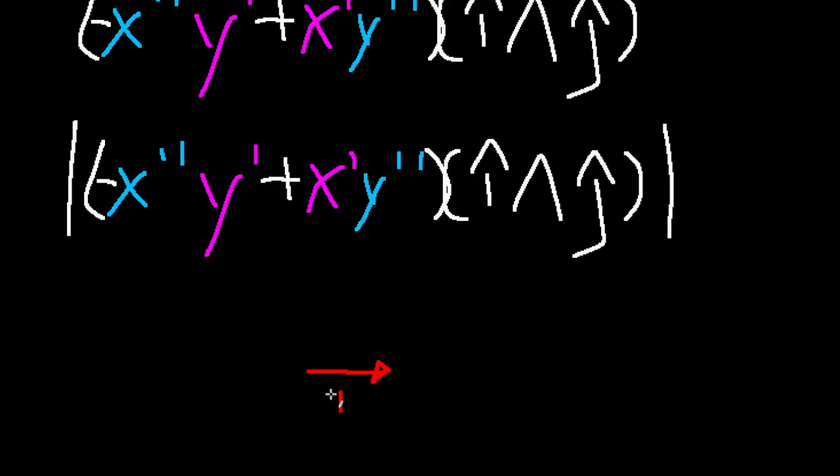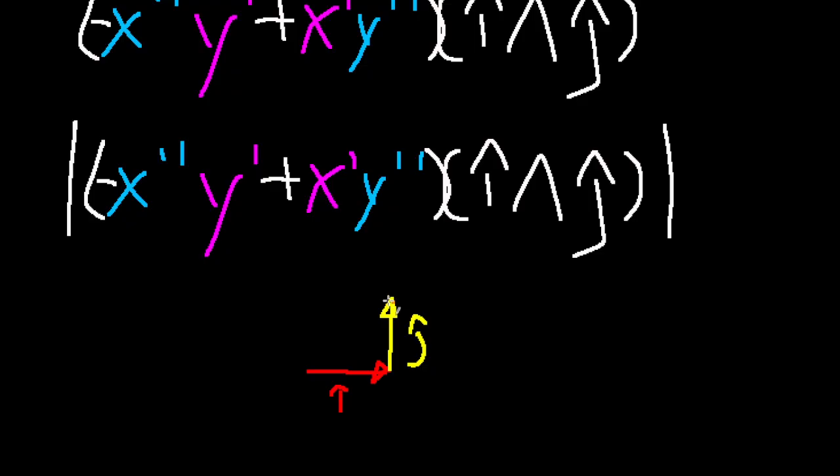So that's i hat, and then, well, let's draw it at the tip. Then that's j hat.